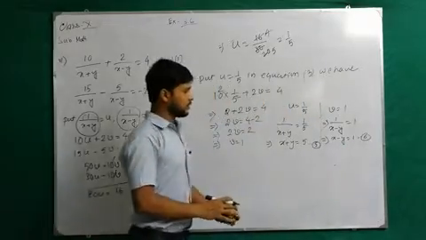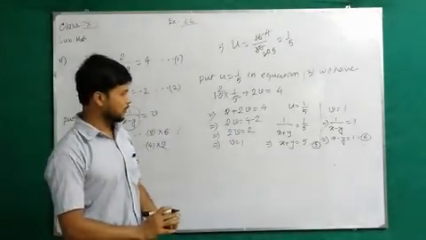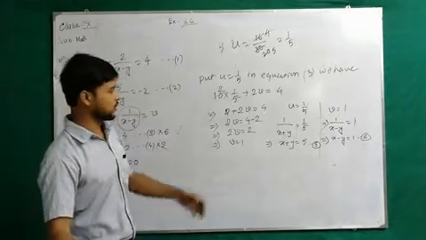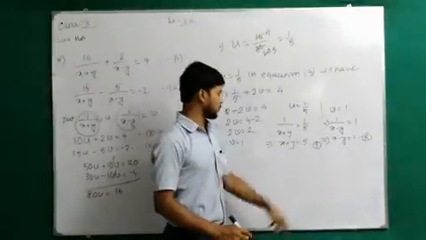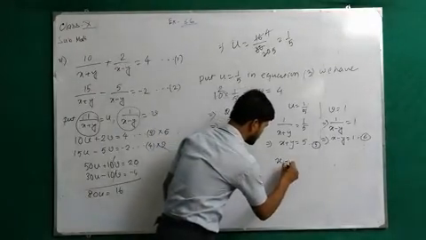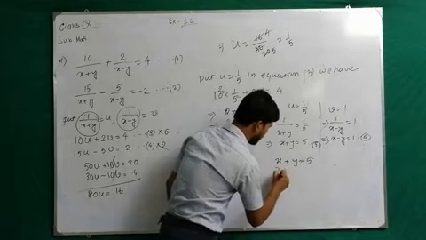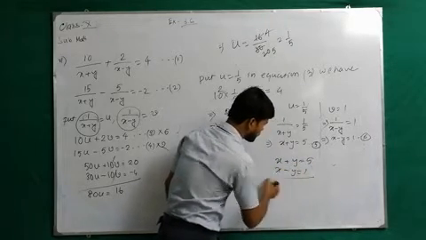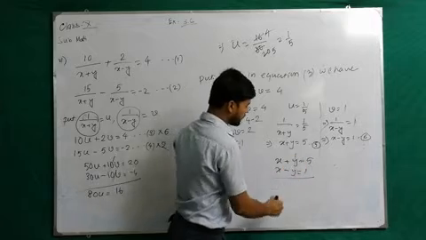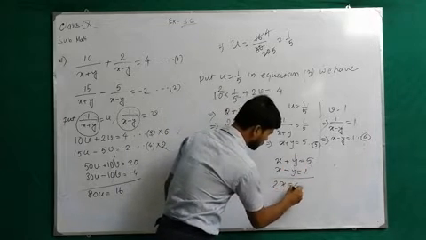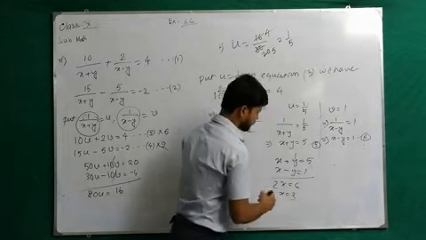Now we have to again solve equation number 5 and equation number 6 to calculate the value of x and y. So this is a very simple equation. This is x plus y equal to 5 and x minus y equal to 1. Add them. So if I add them, it will be 2x is equal to 6, means x equal to 3.